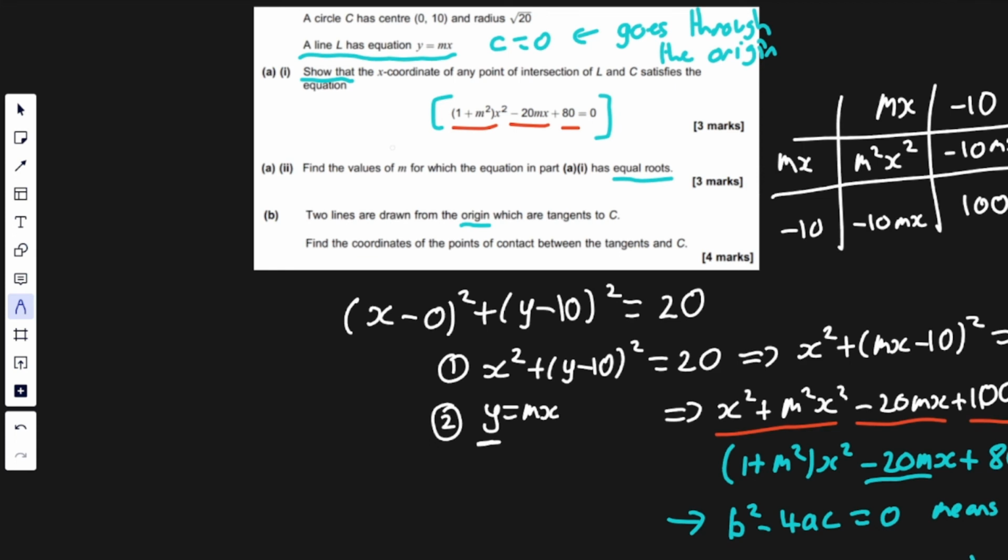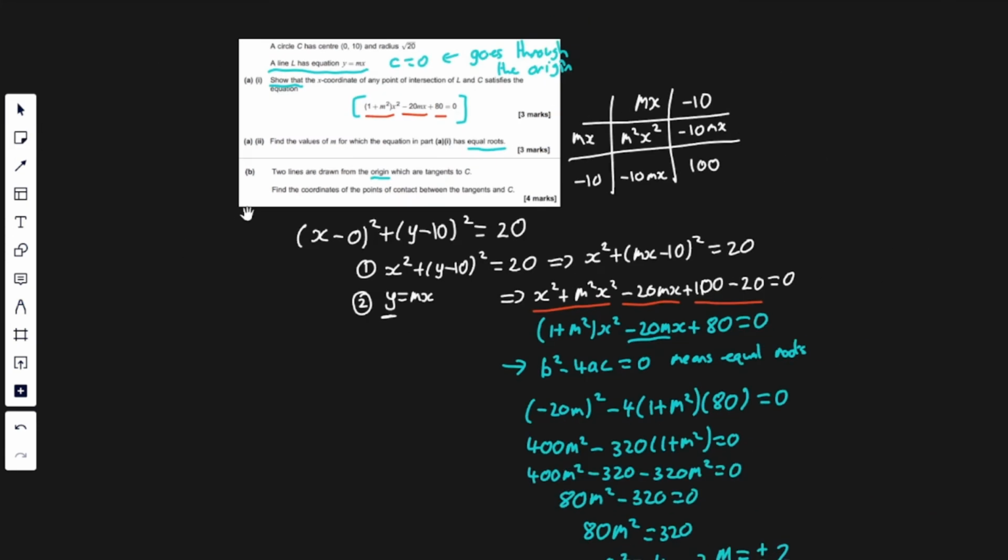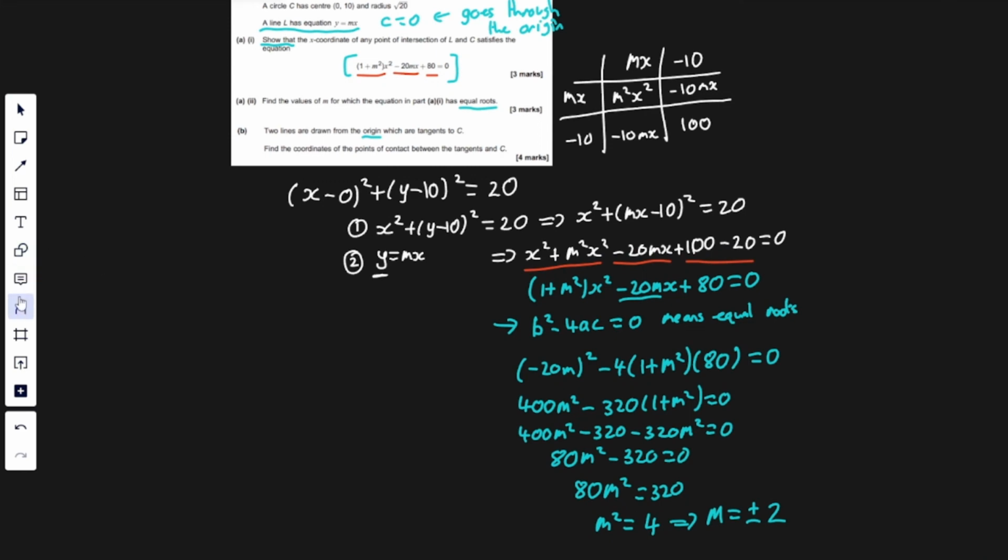And then what we did is we found the values of m for which the equation in part A, I has equal roots, or in other words, one solution. So what we've done in part A, I is we've found these two lines. So we can call line 1 y equals 2x, and line 2 y equals minus 2x.